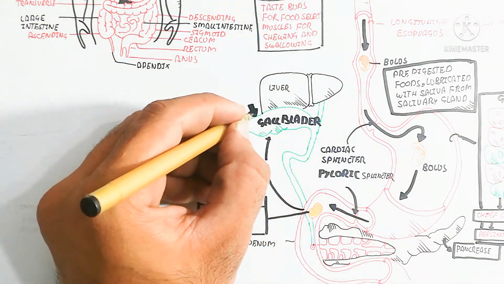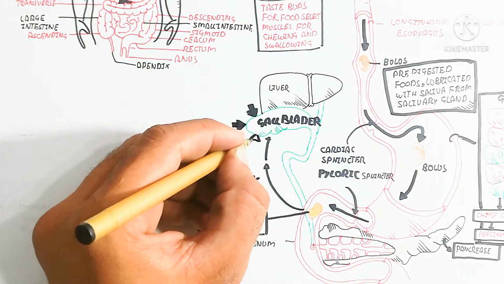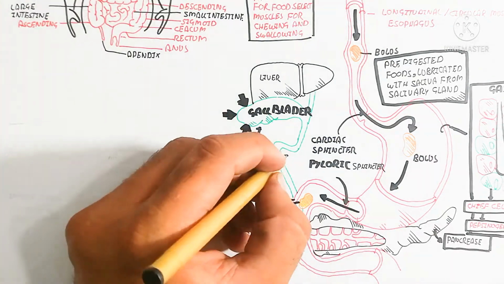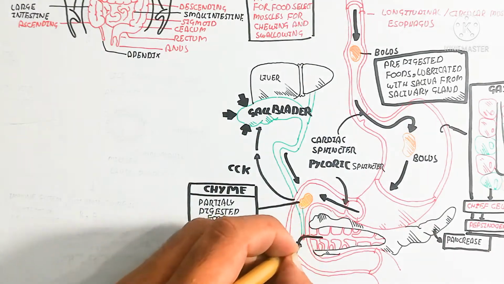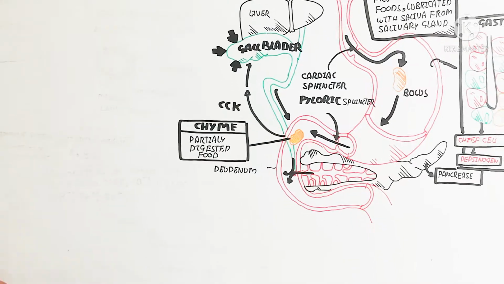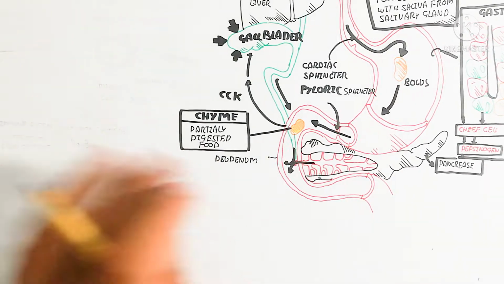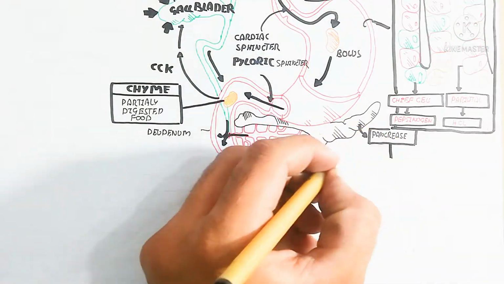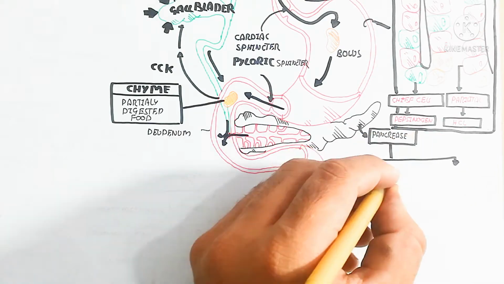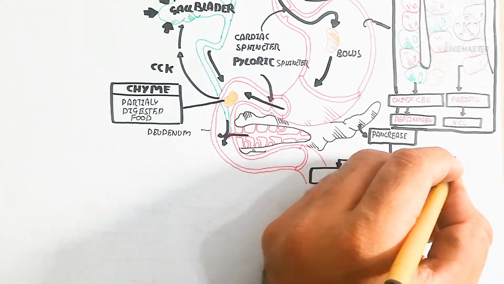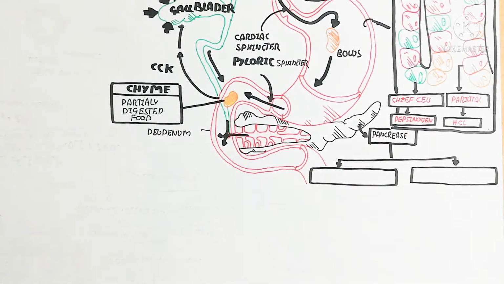The gallbladder is stimulated by CCK due to the sensation of fat, which constricts the gallbladder wall to move the bile pigment and bile salt into the duodenum for digestion of fat.